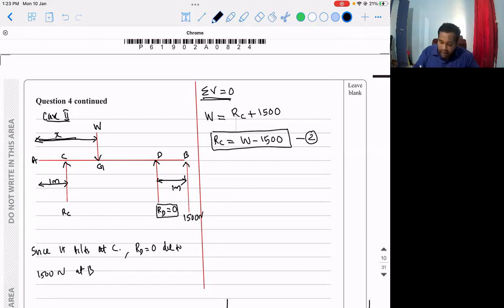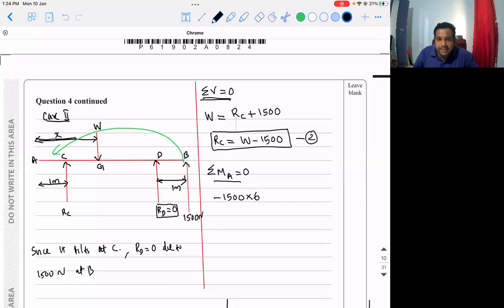Then take moment about any point. So I'm taking moment about A because make sure that while taking moment, try to include RC in that moment. So I'm taking moment at the A because my aim is to eliminate this RC. Moment about A is equal to 0. So that means 1,500, right? So 1,500 times 6. Am I right? 1,500 times 6.